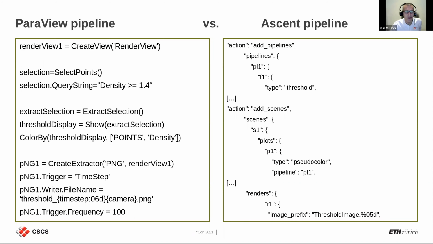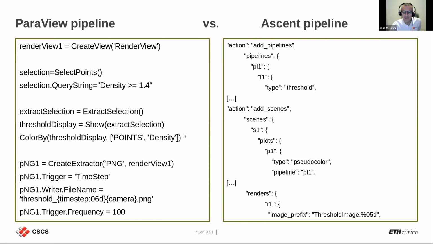So I can compare the ParaView pipeline for Catalyst, which created a view, selected points with a particular query string here, density greater than 4, extracted my selection, and saved the image to disk using the creator.